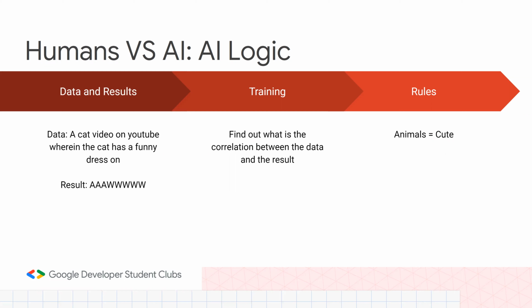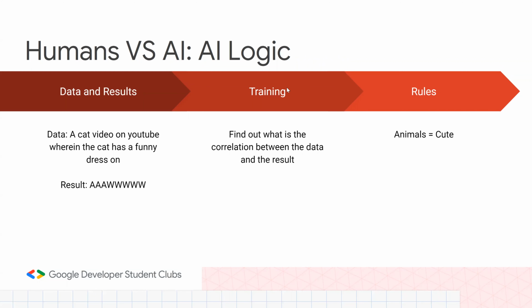This is called supervised learning. And don't worry about the other types of learning because we're not going to talk about them this semester. So with supervised learning, we're basically telling the AI, here's the data and here's the result.